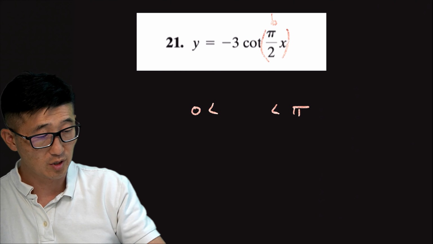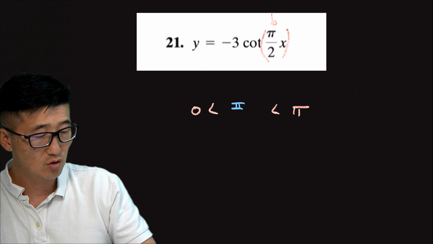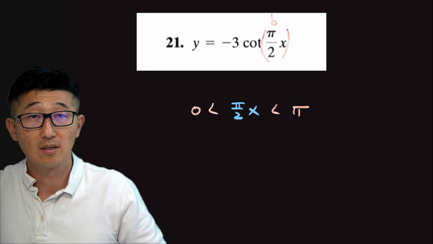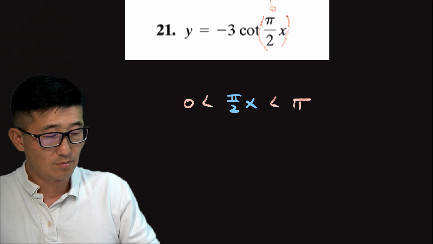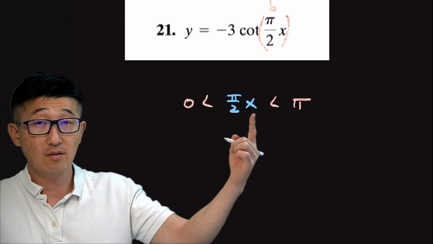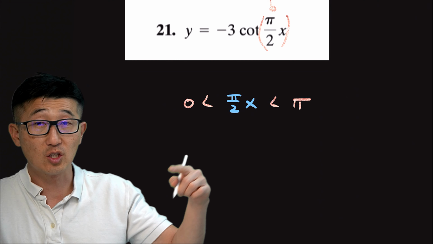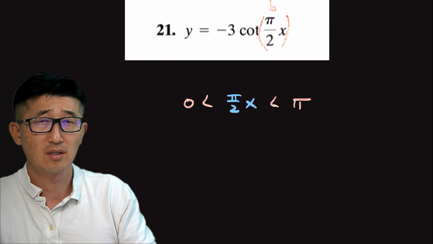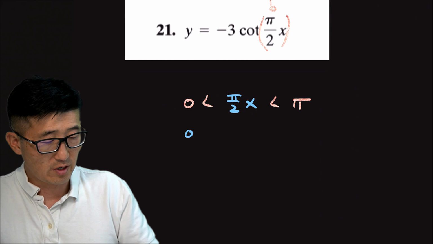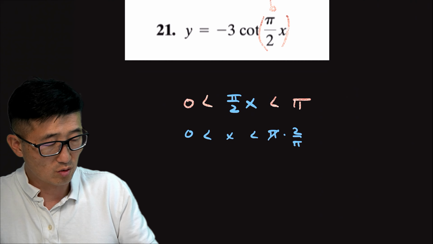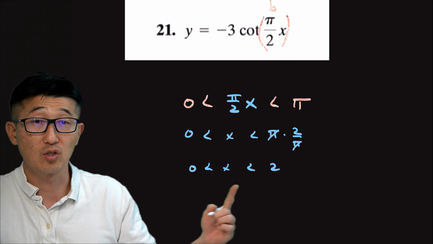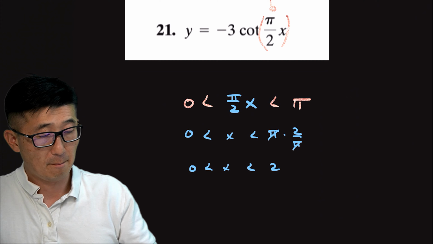So in the middle, you're going to put pi over 2 x. We want x to be all by itself, so I'm going to multiply everything by 2 over pi, the reciprocal. Pi times 2 over pi cancels, so x is between 0 and 2. Get that? Mm-hmm.